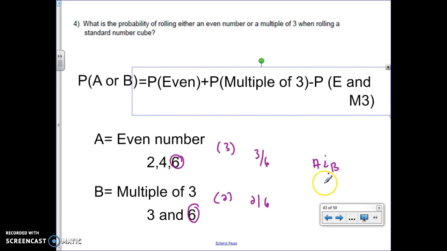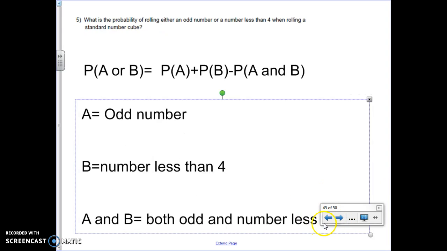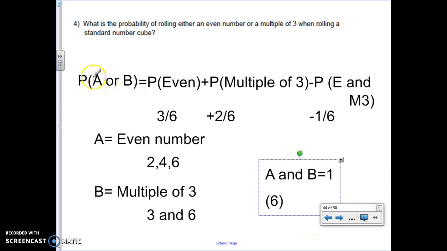It's 6. So that's 1 out of 6. So I'm going to take the probability of event A, or evens, which is 3 out of 6, add the probability of B, which is 2 out of 6, and subtract the intersection of them, which is 1 out of 6. When I do that, I get my answer of 4 out of 6.